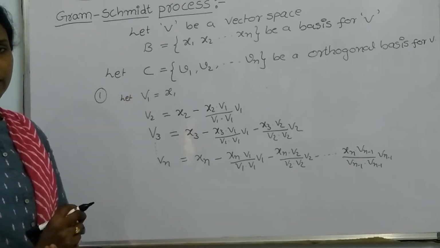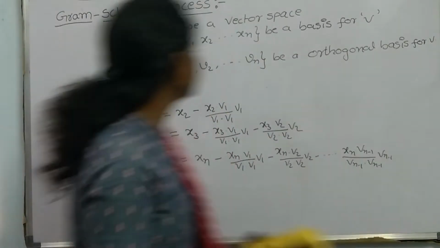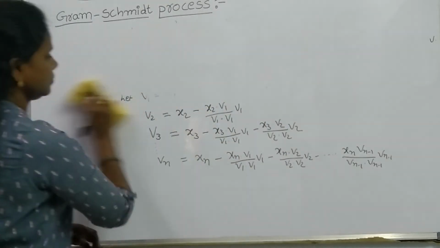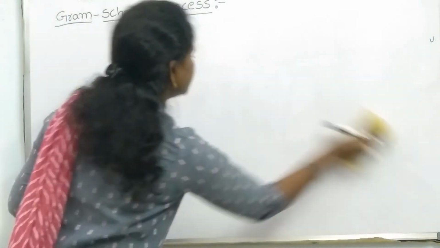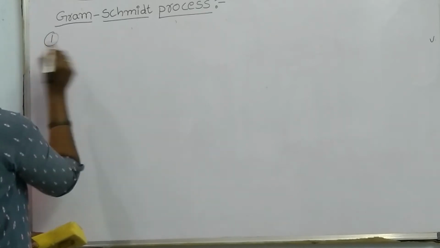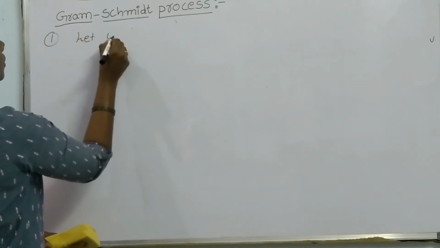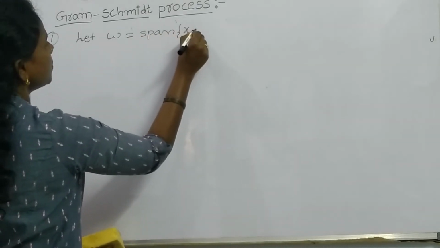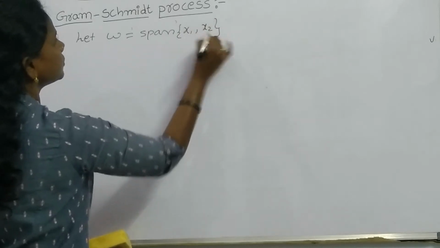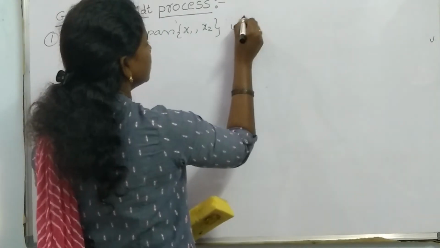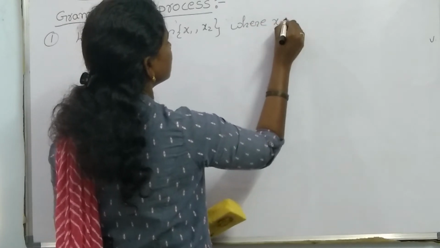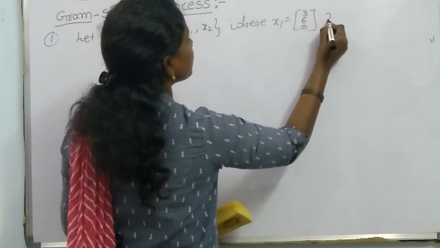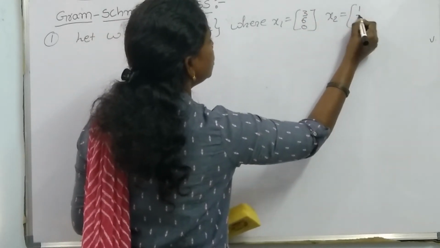Now let us discuss one example. Let W equal span of x1, x2, where x1 is equal to (3, 6, 0) and x2 is equal to (1, 2, 2).